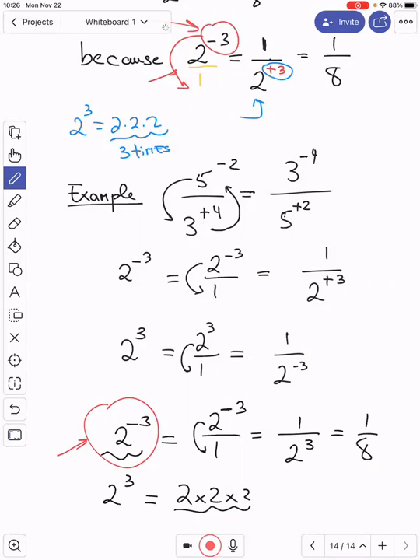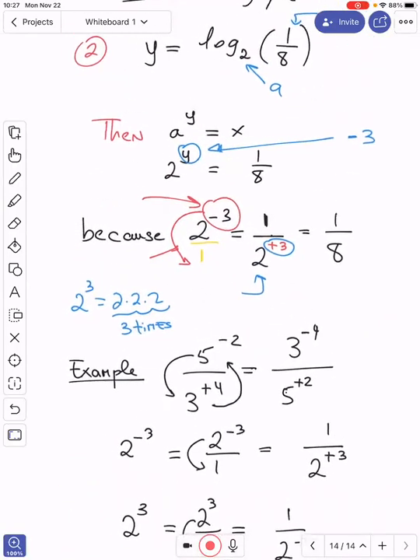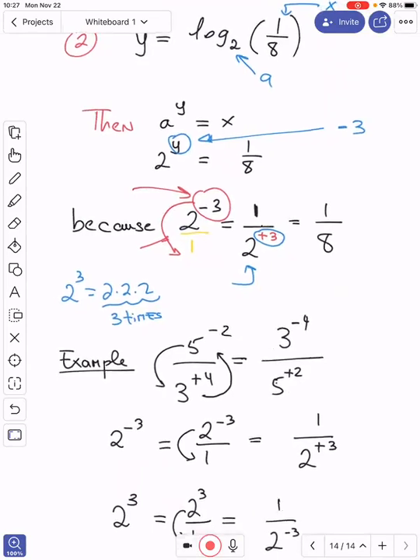All I'm saying is, whenever you see a negative power in the top, move it to the bottom, and that will be a positive power. And if you see a negative power in the bottom, move it to the top, and that will be a positive power.